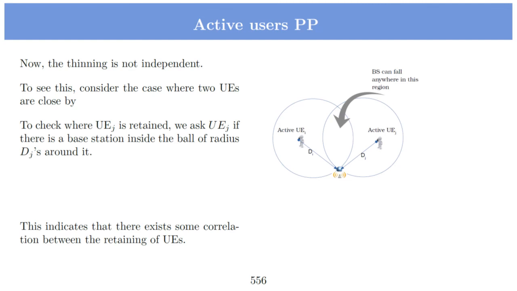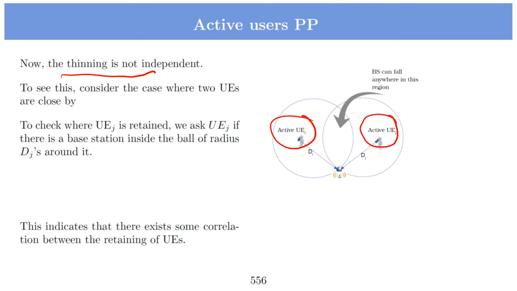Now the thinning which we have done is not independent, right? To see this, we will show that the activity of one user may affect the activity of another user. For example, take these two users which are very close to each other. One is UE j and one is UE i.